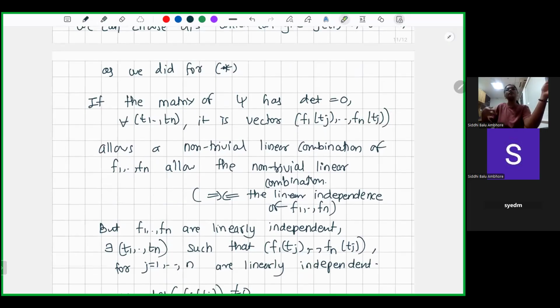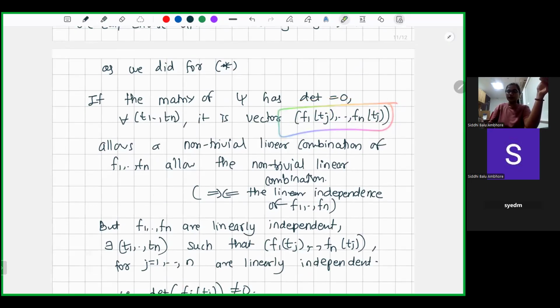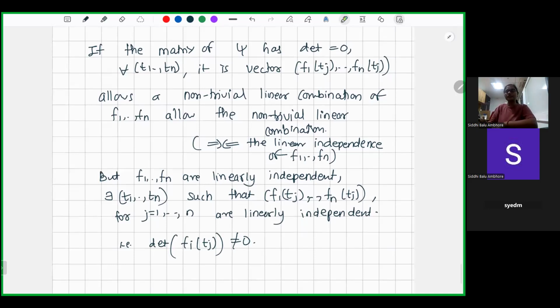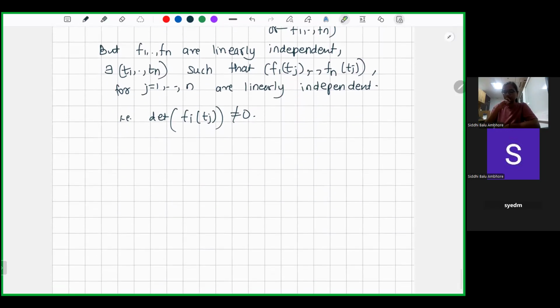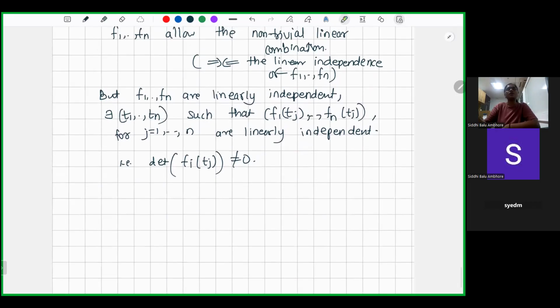And if this is happening for each T1 to Tn, then I will get a non-zero linear combination of these columns F1(Tj) to Fn(Tj). And that will contradict the linear independence of F1 to Fn, because this is happening for each T1 to Tn. But that's a contradiction. So there must exist this T1 to Tn such that these columns must be non-zero.